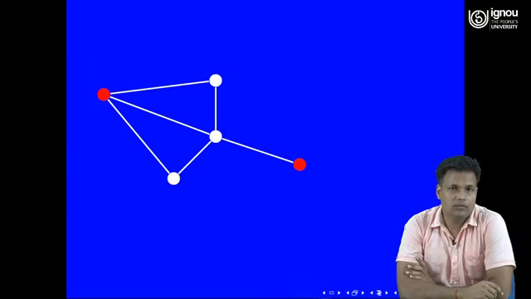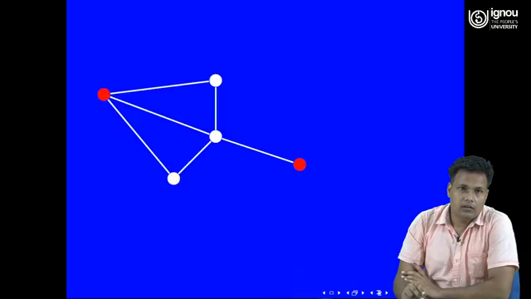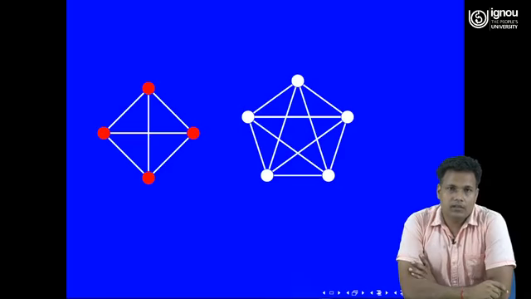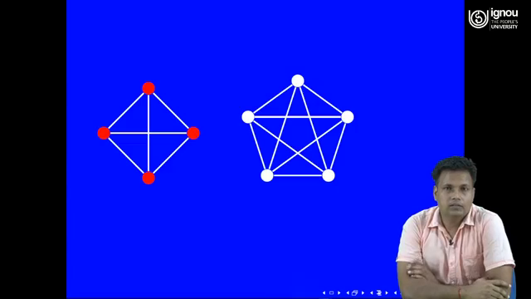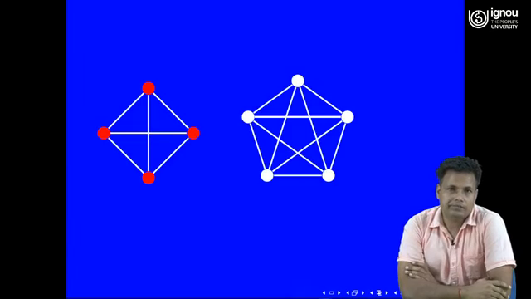One has degree 1 and another has degree 3. Now look at these graphs. The graph on the left has all vertices odd, that is, it has 4 odd vertices. On the other hand, the graph on the right has no vertex of odd degree. That means it has 0 odd vertices.